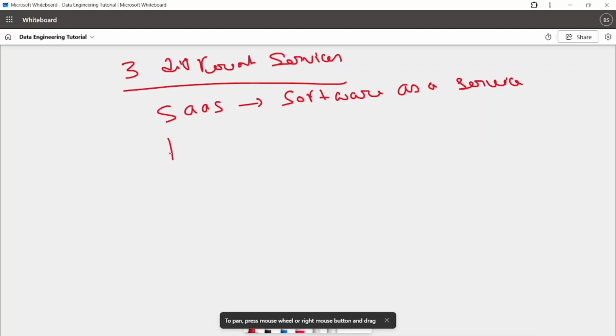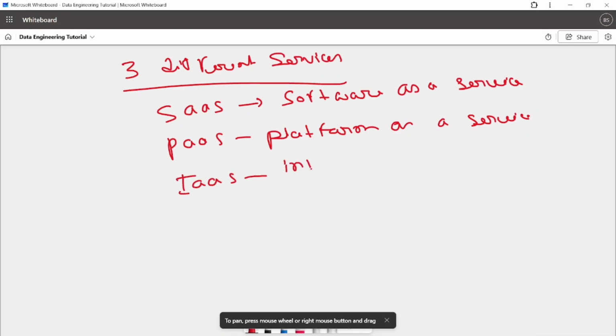Next is PaaS, platform as a service. Next is IaaS, infrastructure as a service. We'll discuss these briefly.